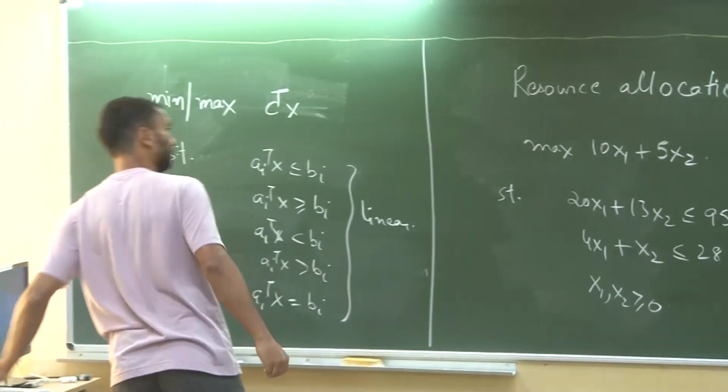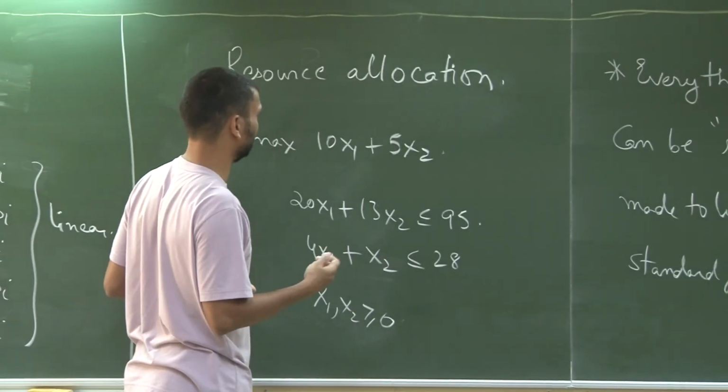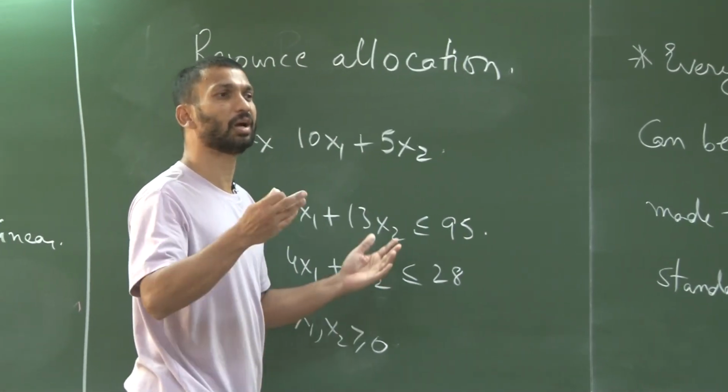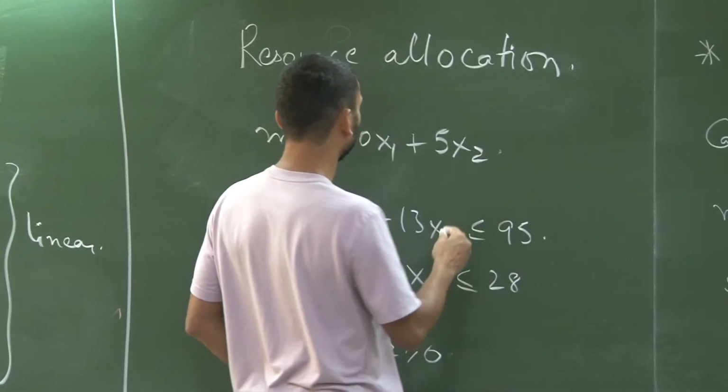Okay. So let's say I have a linear program like this, and x1 and x2 are the number of Dell computers and Apple computers you can make, right?